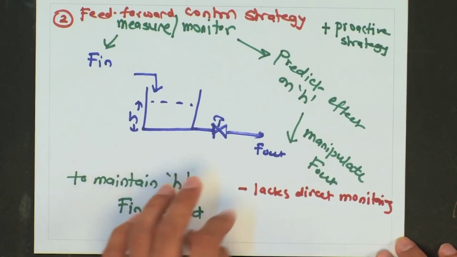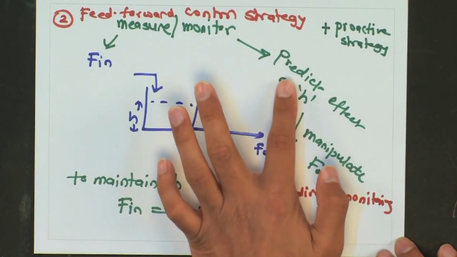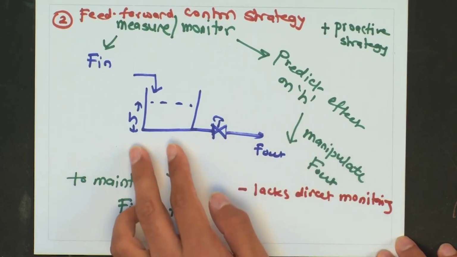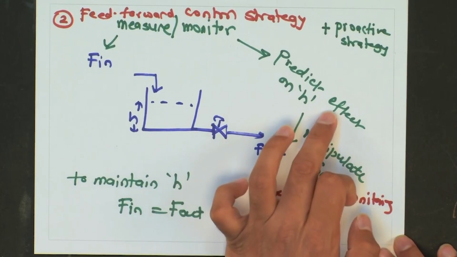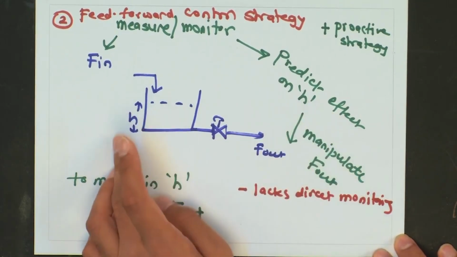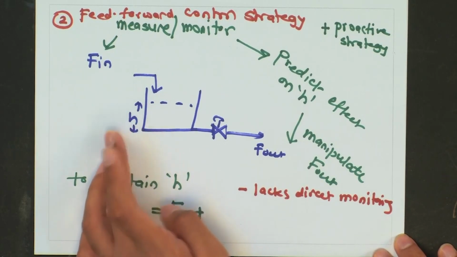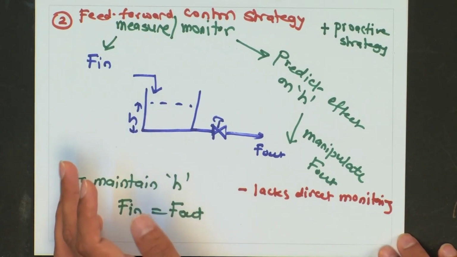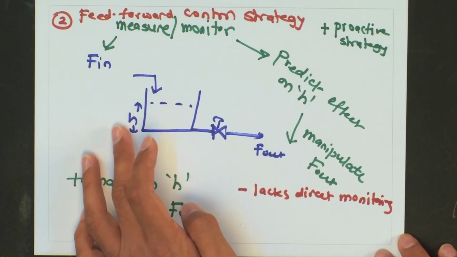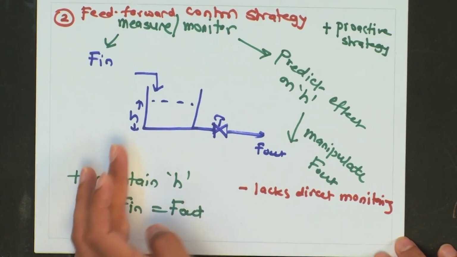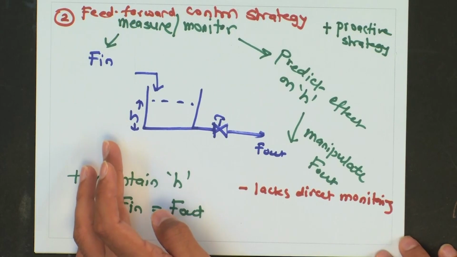So, it all depends on how good my prediction of the effect of the disturbance on the controlled variable is. If my prediction model is off, then all I am trying to control is a fictitious value of the controlled variable, whereas the actual controlled variable may be away from its desired value, but we are not measuring the controlled variable, and so we would not know that it is not at its desired value.